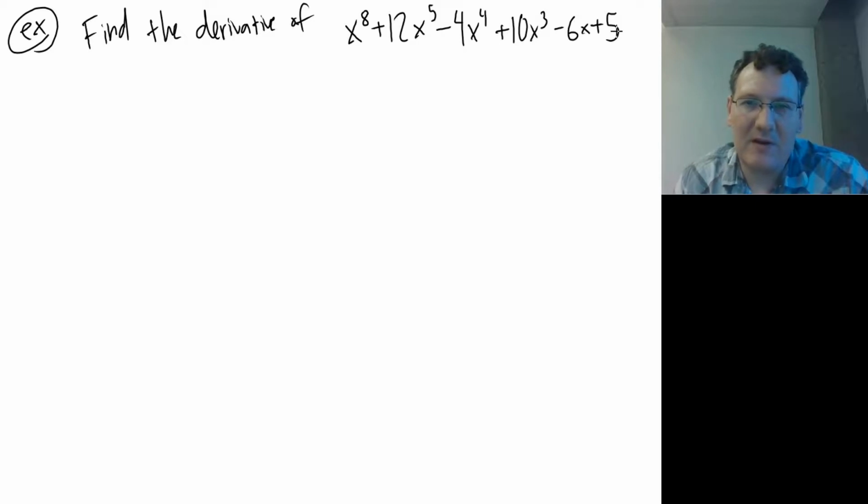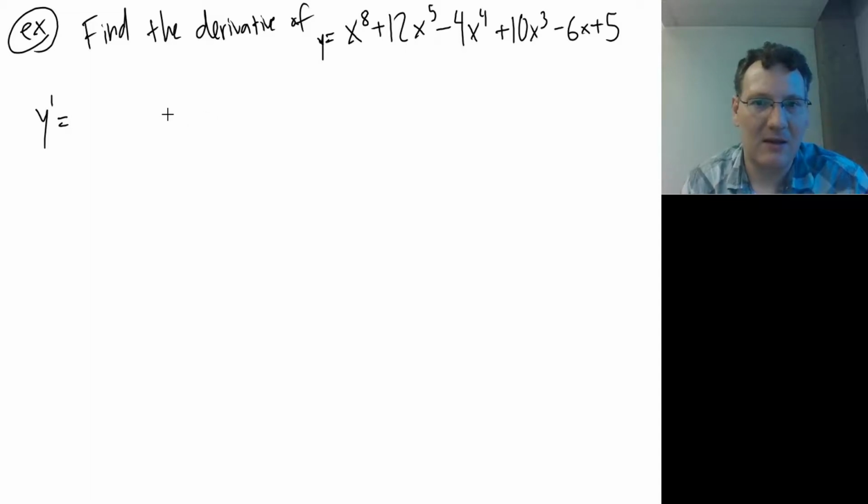Let's find the derivative of x to the 8th plus 12x to the 5th minus 4x to the 4th plus 10x to the 3rd minus 6x plus 5. So the derivative, let's just call this y. Okay, so y prime. Let's do it part by part. First, the x to the 8th, we're going to have 8x to the 7th. Okay?